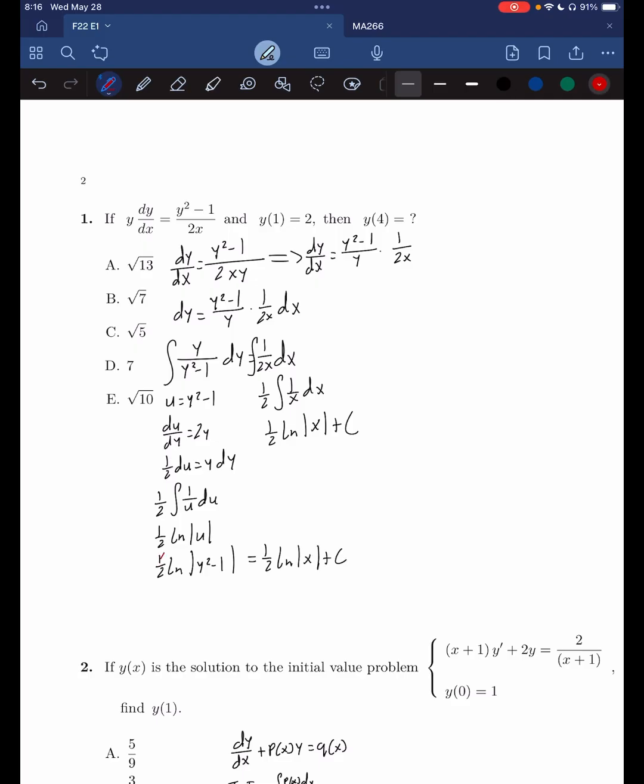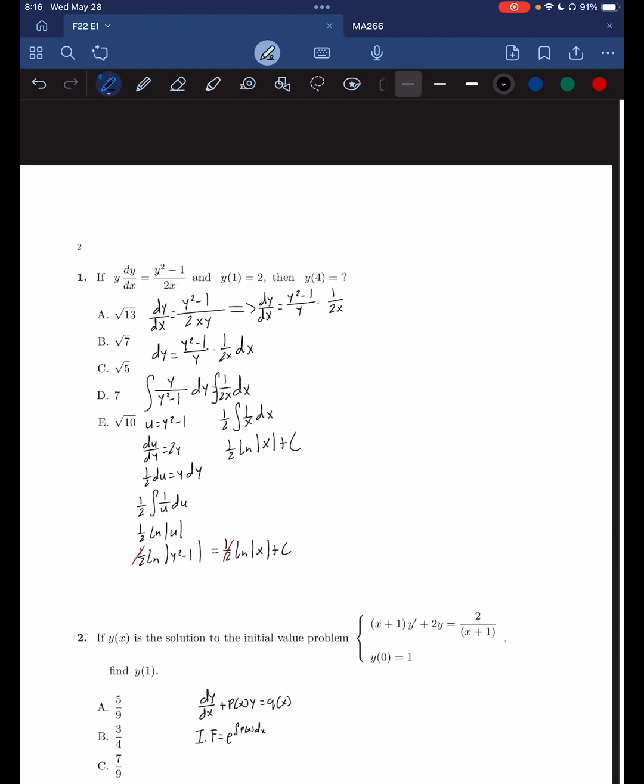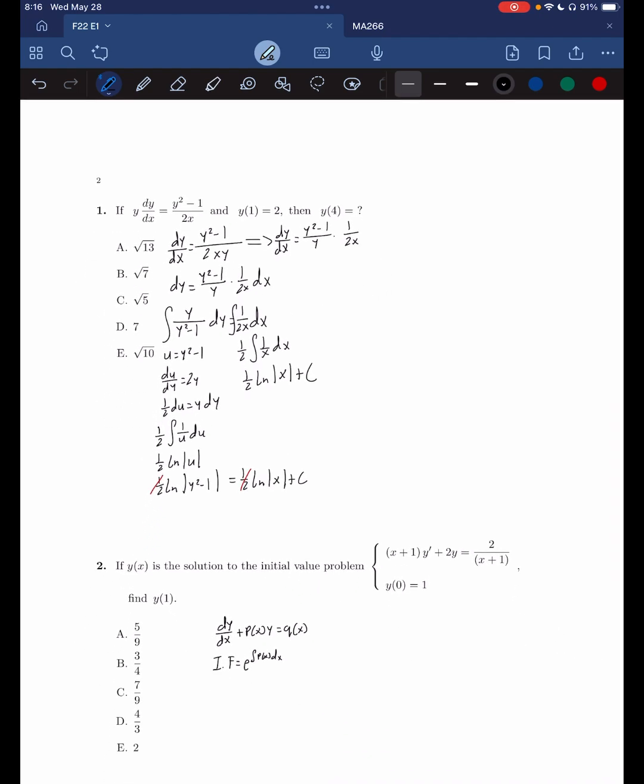Our 1/2s can cancel on both sides. So the easiest way to get rid of the ln is to just raise both sides to e, right? Because when you have e to the ln of, let's say, a, you're just left with a. So e to the ln of y squared minus 1 is y squared minus 1.